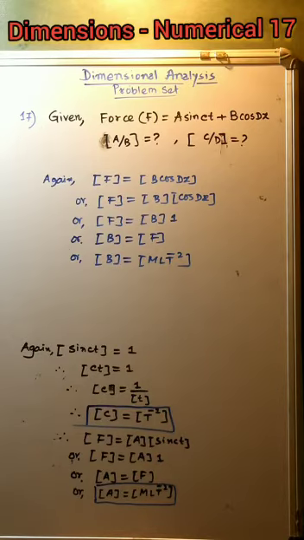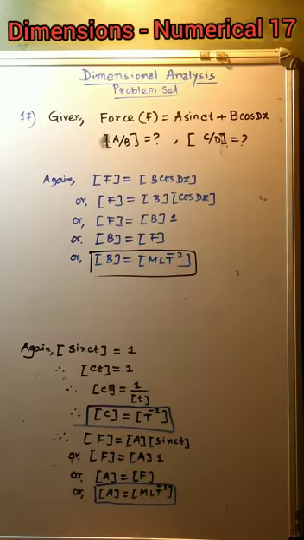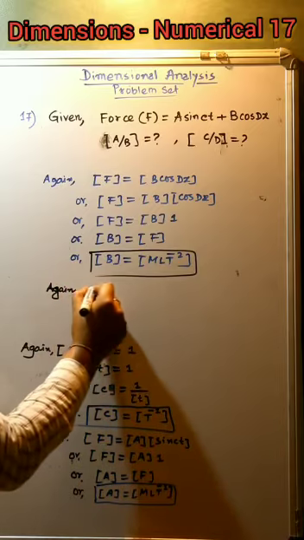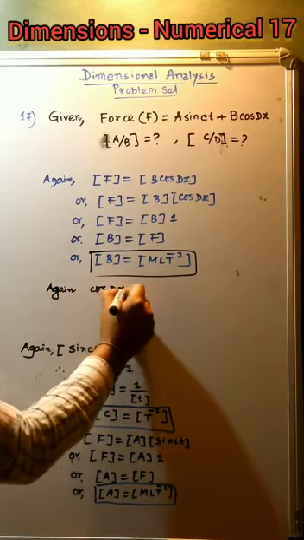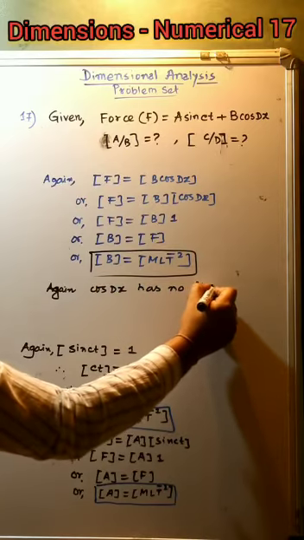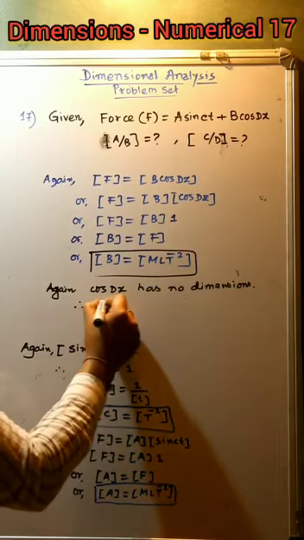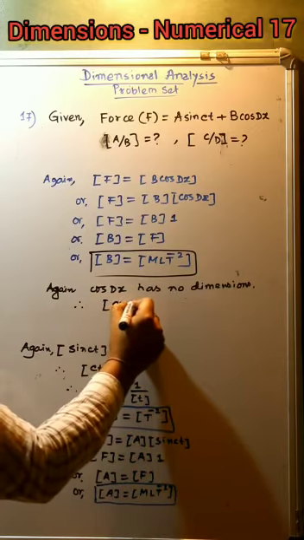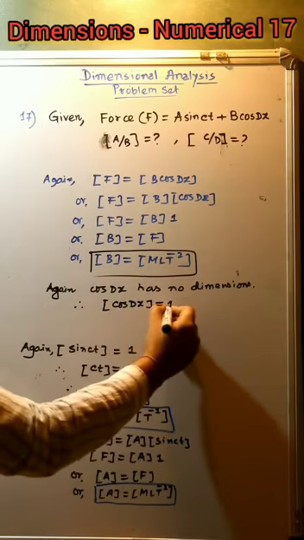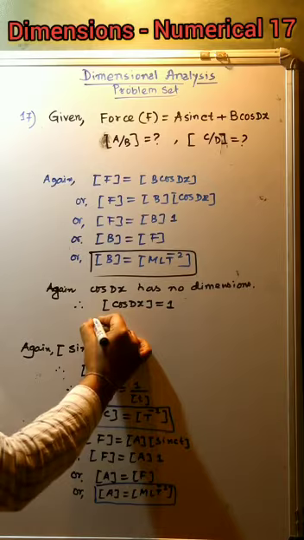Now, cos dx has no dimensions. Therefore, dimension of cos dx is equal to 1. And if cos dx has no dimension, the angle dx has no dimension.